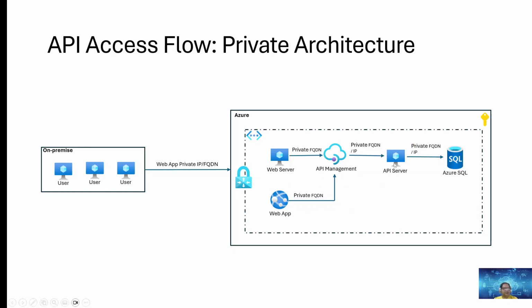And in this example, we will also see how API management can access the APIs hosted on the API servers privately, and we will also install a private Azure DNS and configure it so that using the private fully qualified domain name, I can access the APIs privately. Okay, let's go to the Azure portal now and start making the changes.